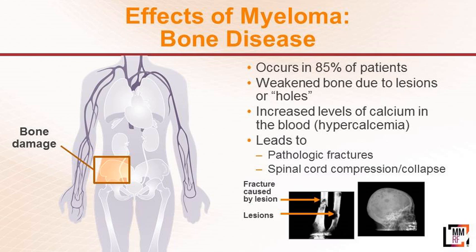Now, the calcium from the bone then goes into the bloodstream, which can cause hypercalcemia and increased calcium. And it can lead to pathologic fractures, as you can see here in the images, when it shows that the fracture was caused by the lesion, and it also points out what the lesion looks like. And then the other one is a photo of lytic lesions in the skull.